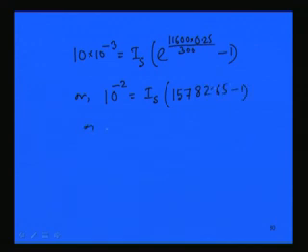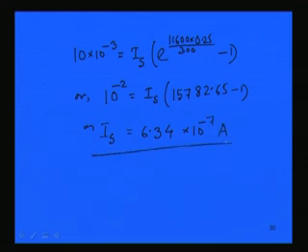So, now we can find out I_S. I_S will be equal to 6.34 into 10 to the power minus 7 amperes. So, this is the reverse saturation current flowing, or 0.634 microampere.